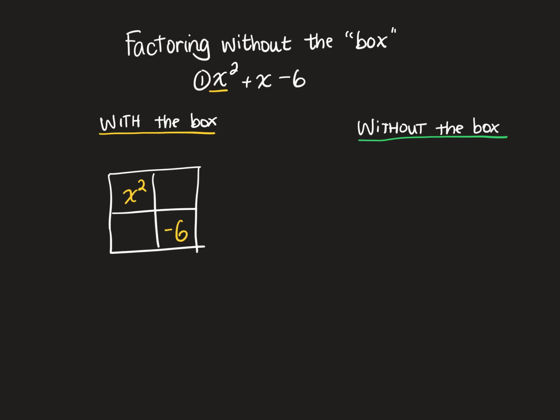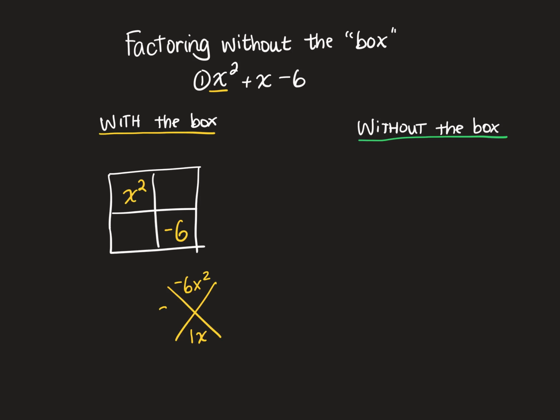We made a little diamond game out of it, and that would give us negative 6x squared. Then we need the two boxes to add up to positive 1x. We played the diamond game and tried to figure out what two numbers, when you multiply them, give you negative 6x squared, but when you add them, you get positive 1x.